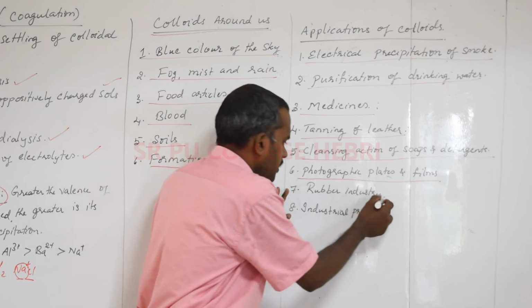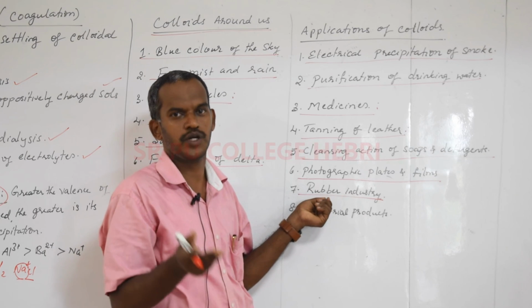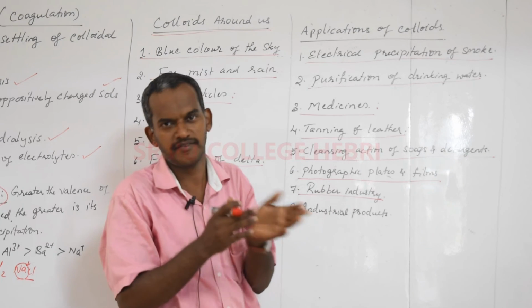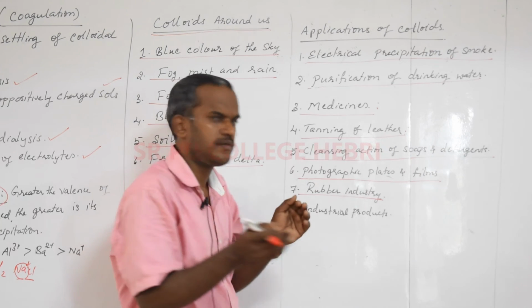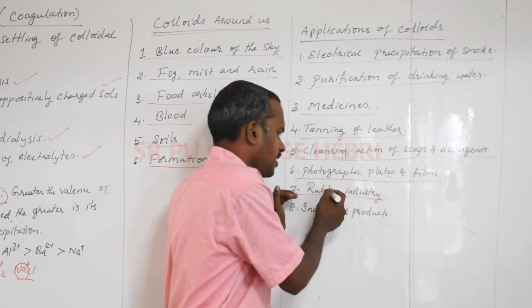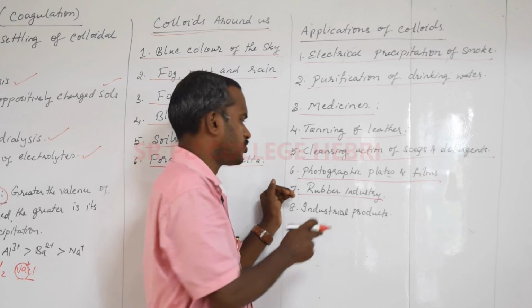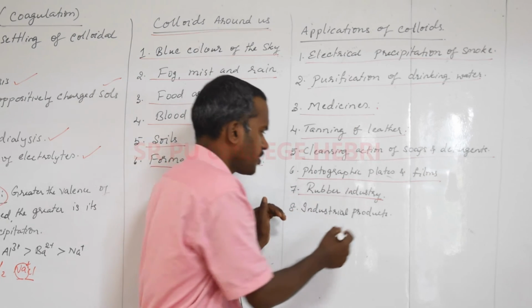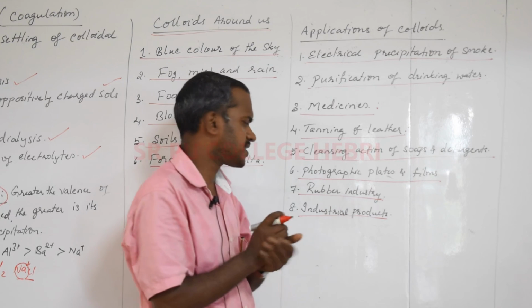Now one more application is in the rubber industry. You know, rubber latex, that is also a colloid, and before we go to the phenomena of vulcanization of rubber, the rubber latex that is used contains colloidal particles only. In rubber industry we use that. And the last, but not a simple one, the industrial products.